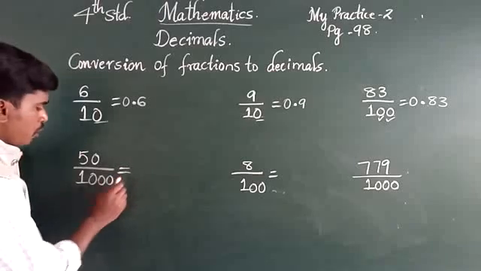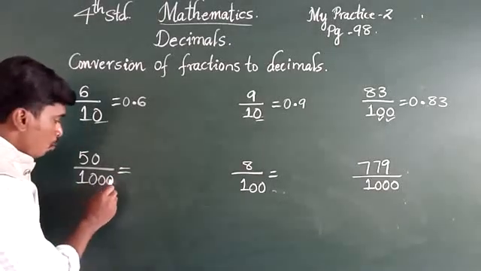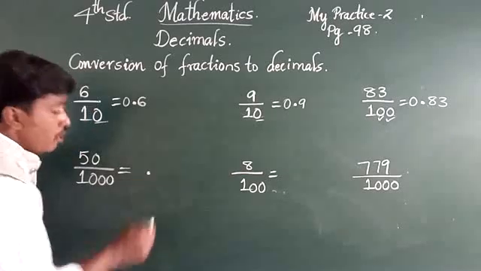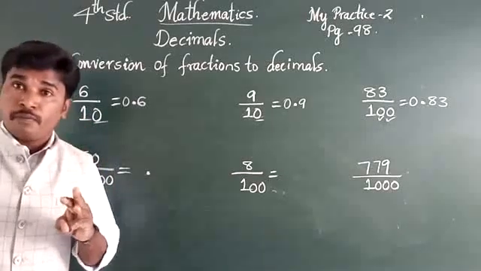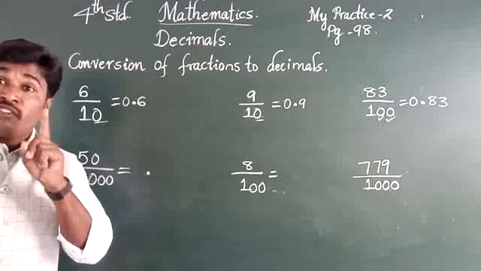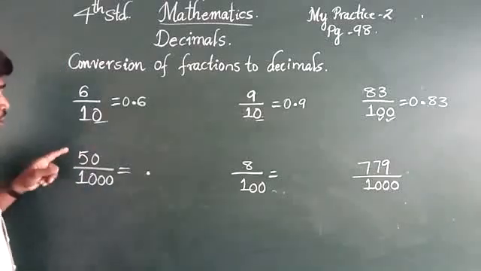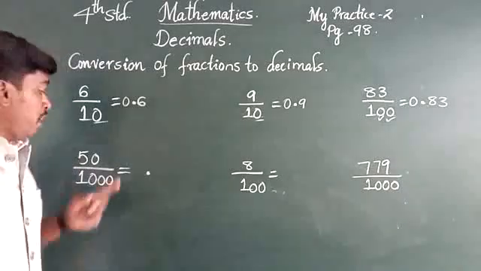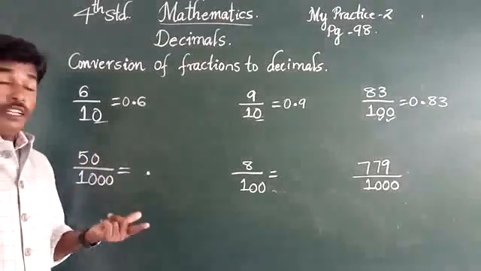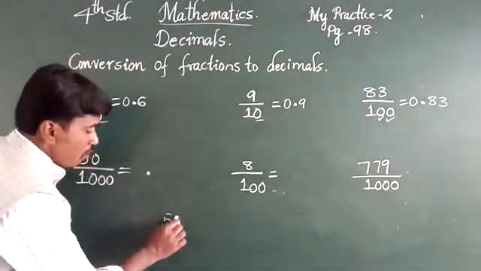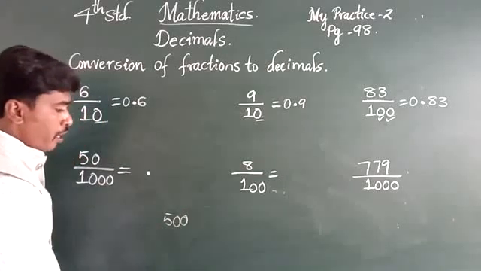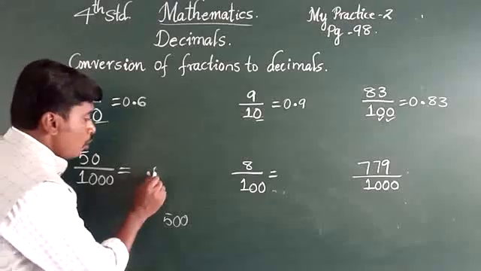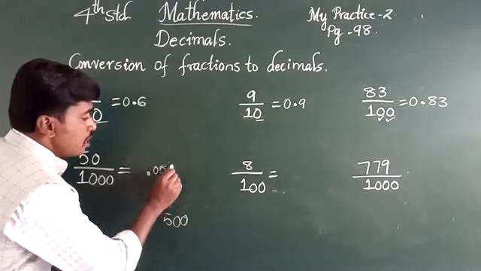So now you come to the next one. It's very important, dear children. Here 1, 2, 3. There are 3 zeros. Decimal point after 3 digits will come. Which are those 3 digits? But in the numerator they have given only a 2-digit number. It is 50. So how to write? Don't write it as 500. It should be 0.050.